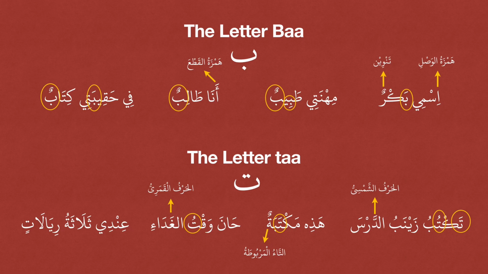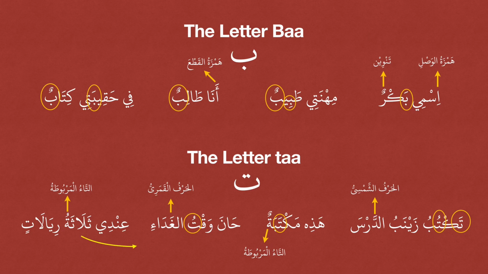In this sentence, here we can see ta al-marbuta with a dhammah, and this word is not at the end, so I would not stop at it, and I will pronounce ta al-marbuta as the letter ta.